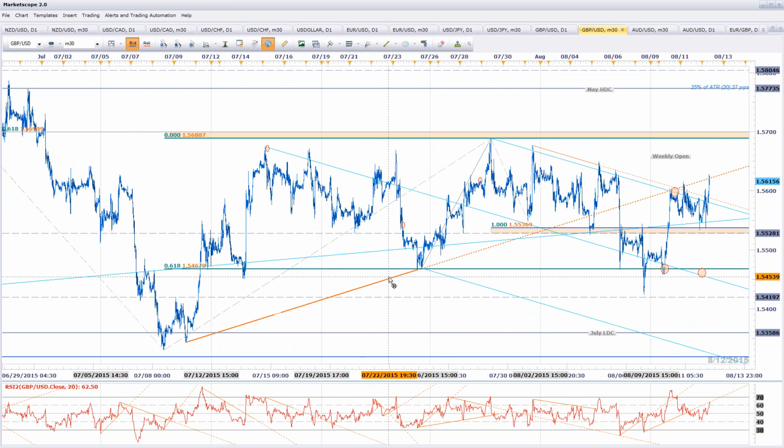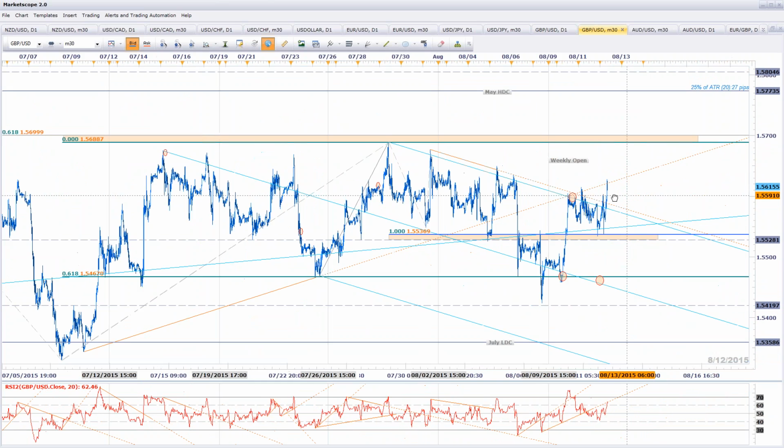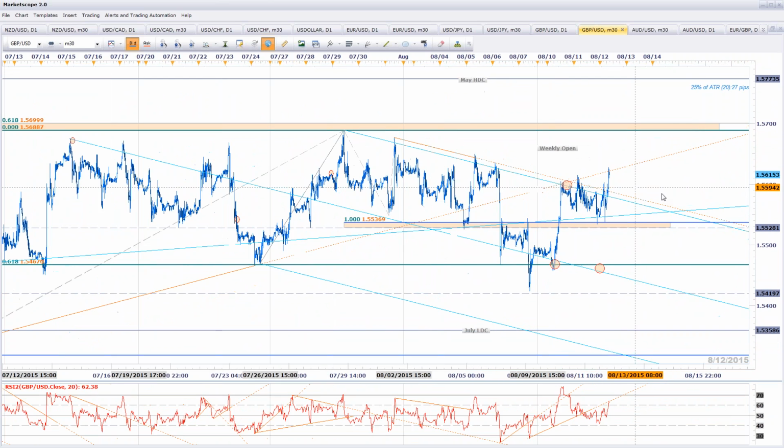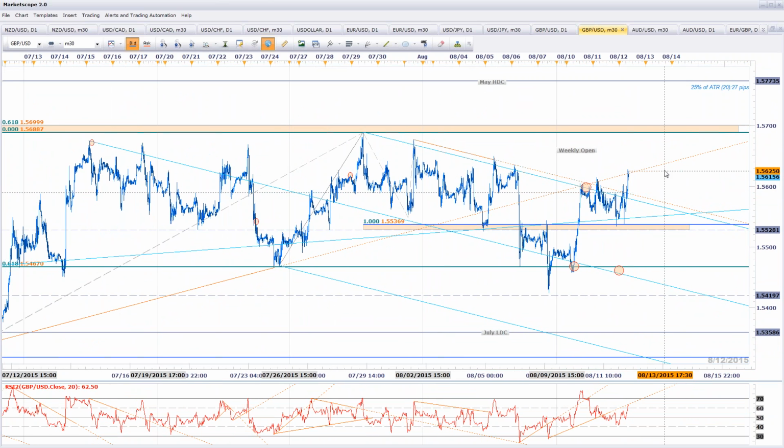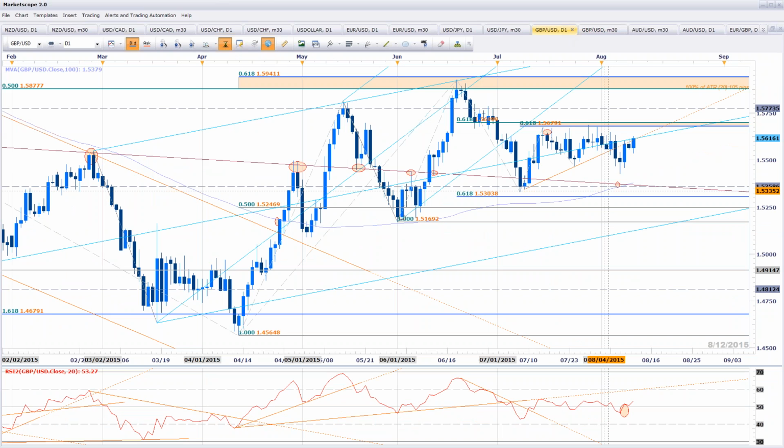I also just want to bring your attention to that slope line, the support line off the lows for July, now still holding as resistance. A retracement off the high here has offered little to no guidance in price. So we really want to focus more so on the technical formations on this one. If we see a break of these highs that we're making right now, basically look for the monthly high to be the target for sterling dollar.